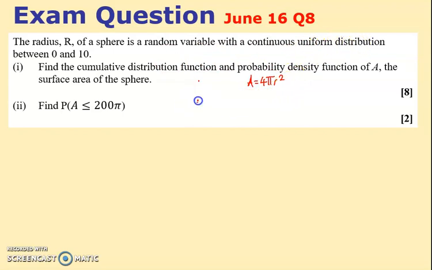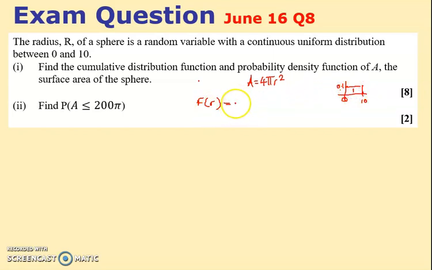So I might as well call it f of r, because we've got r for our variable. And f of r is a continuous thing. It's basically between 0 and 10. It's continuous. Now again, it's got a width of 10, so it must have a height of 0.1, because 0.1 times 10 will give me 1.